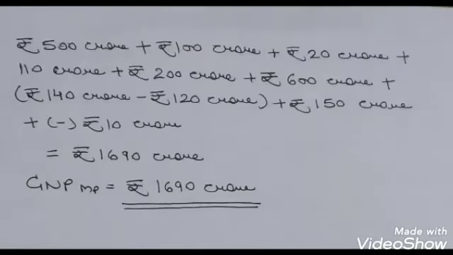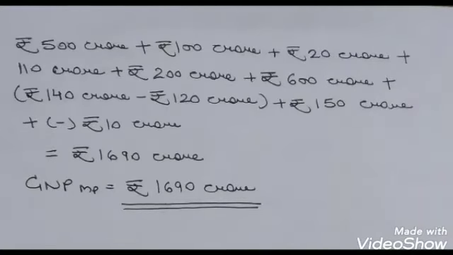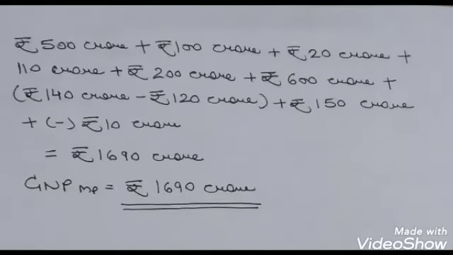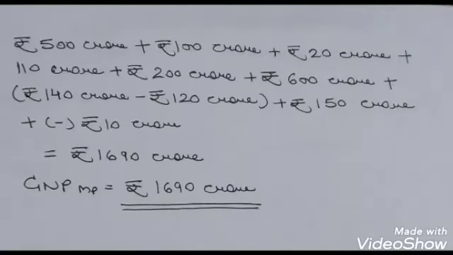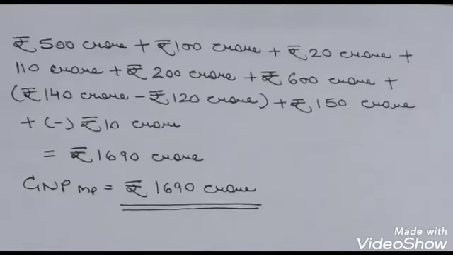The very first value is of compensation of employees, which is rupees 500 crore. Then we add rupees 100 crore, which is rent. Then we add rupees 20 crore, which is royalty, plus rupees 110 crore, which is interest, plus rupees 200 crore, which is profit, plus rupees 600 crore, which is mixed income.